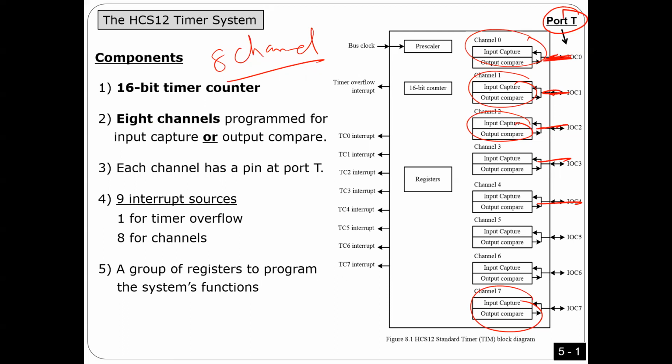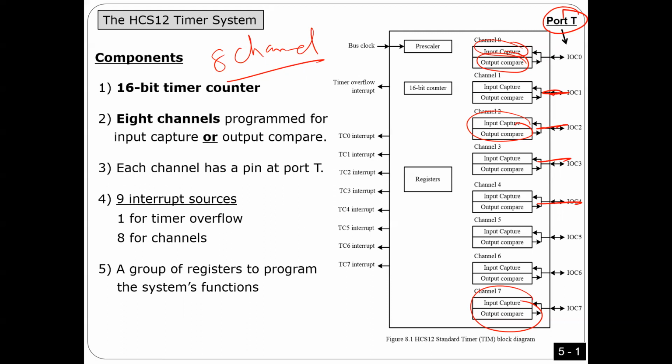Every channel you can program to work as input capture or output compare. Again, we have 8 channels, every channel has an external pin, and every channel can do one of two main tasks: input capture or output compare, one of them at a time.